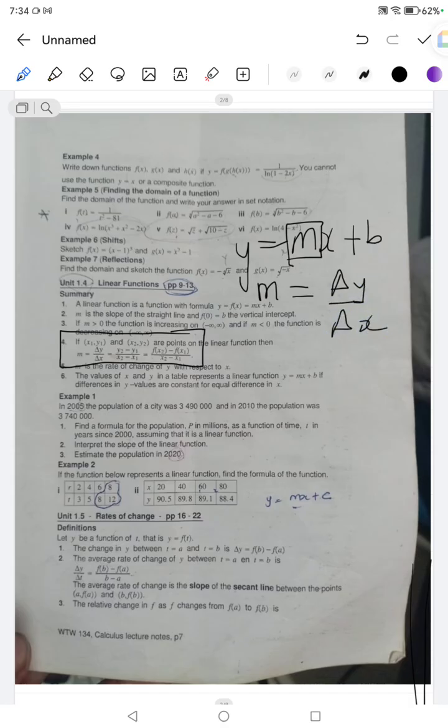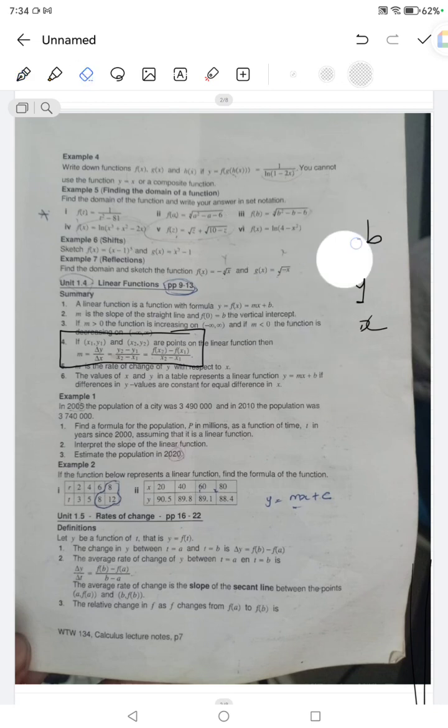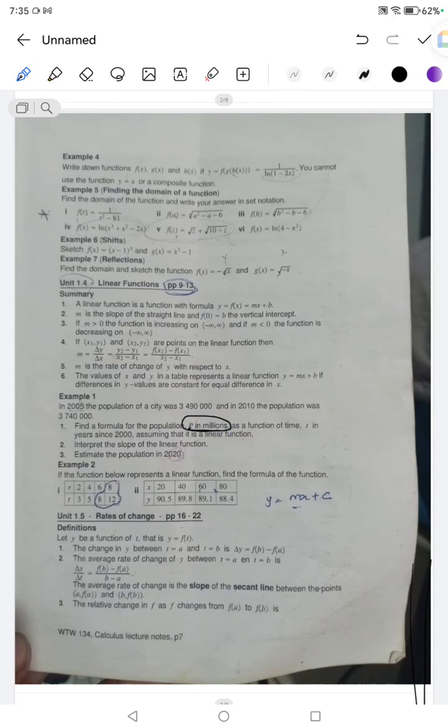But one thing people forget is which one comes at the top and which one comes at the bottom. So looking at our example, what do we have this side? They've given us population in millions, and also they've given you time. So you have 2 things: population and time.